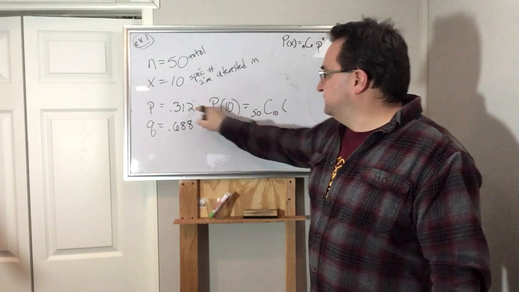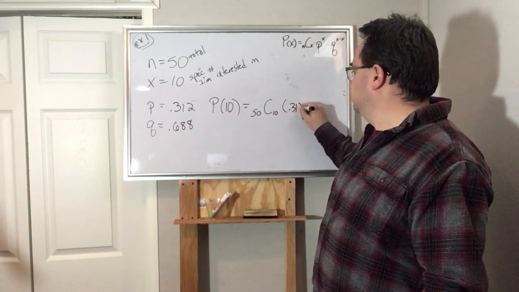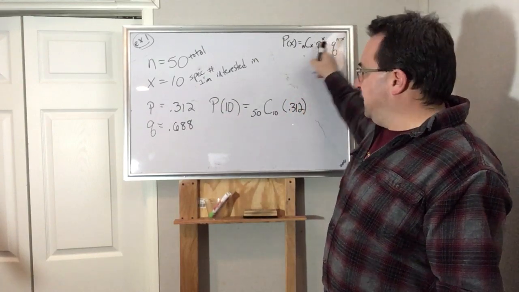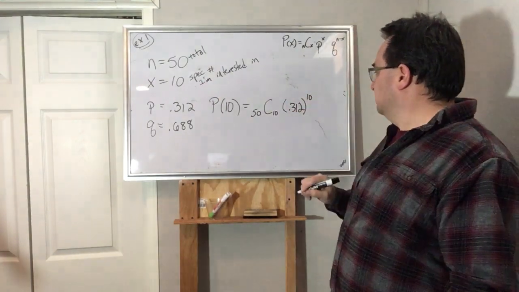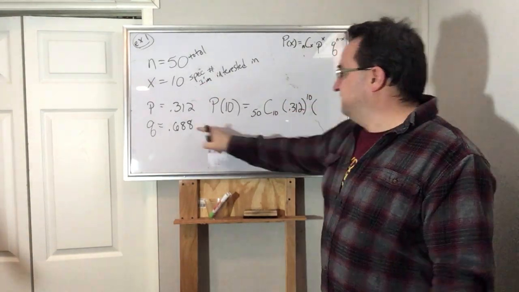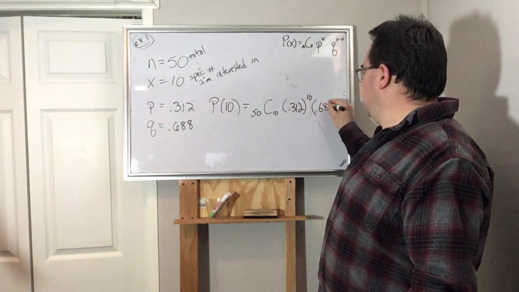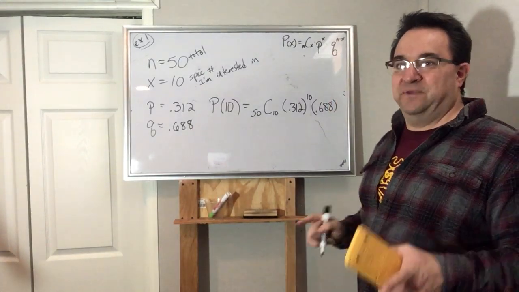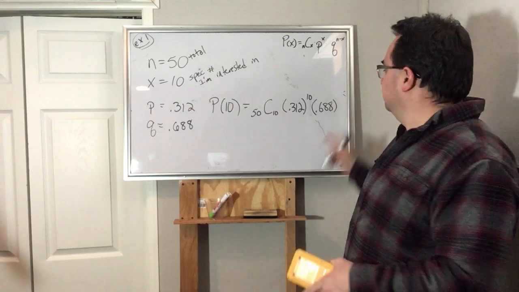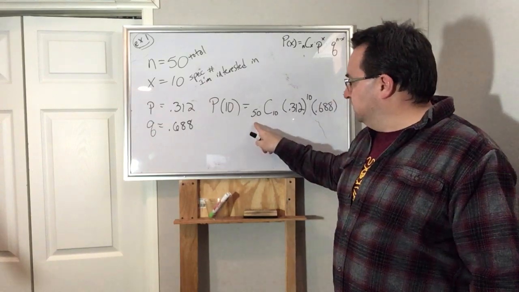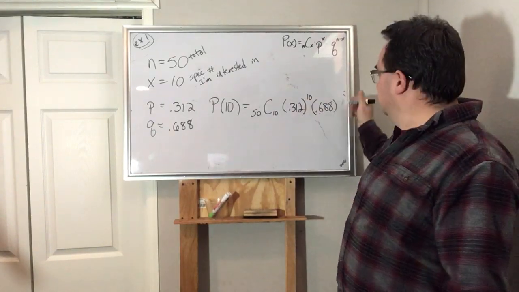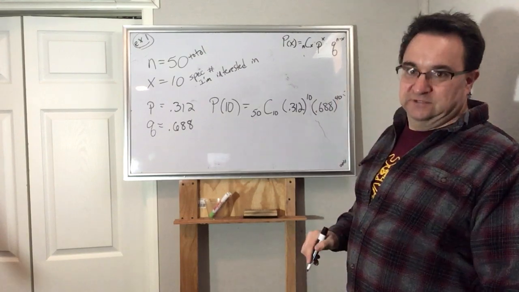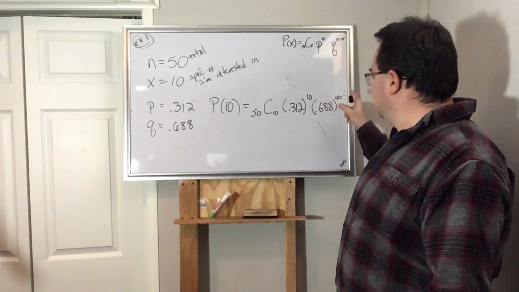The probability of success is 0.312. And see that X again? That's 10. And then the probability of failure is 0.688. And see this N minus X? That's just the rest of the people, the leftover people. So if there's 50 people and 10 of them like blue, that means 40 of them don't. 50 minus 10 is 40.